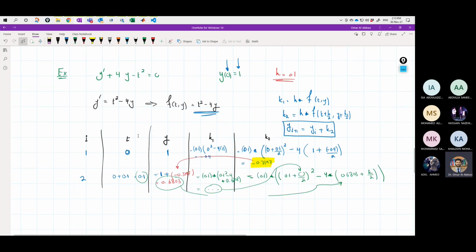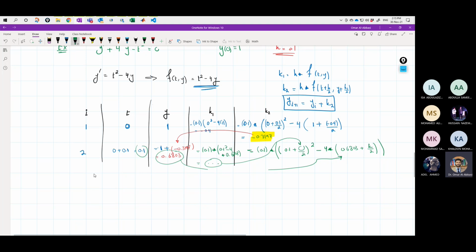What we are going to do with K2, I'm going to use this information: 0.1 plus 0.1 is 0.2, and Y equals the old Y, 0.6803, plus the K2 that we calculated.